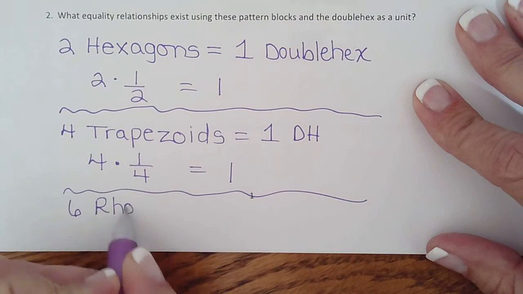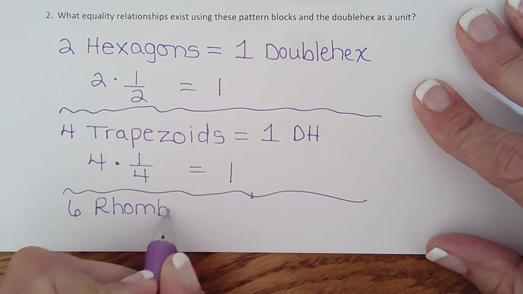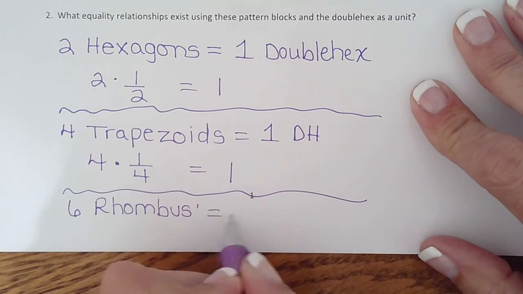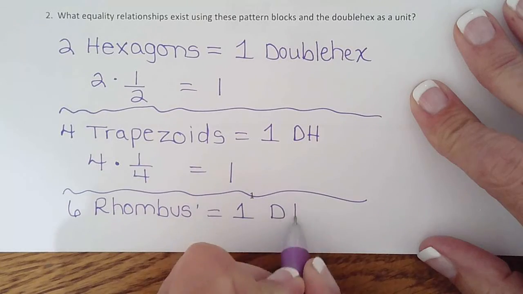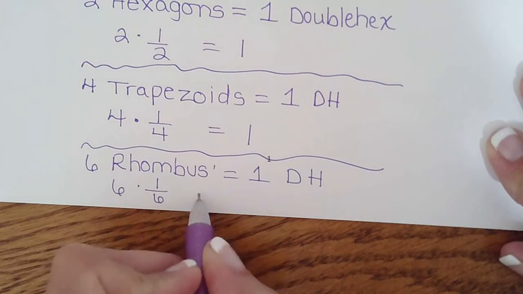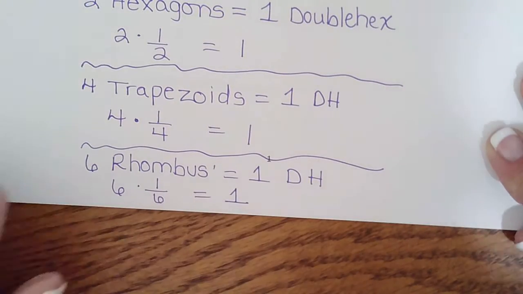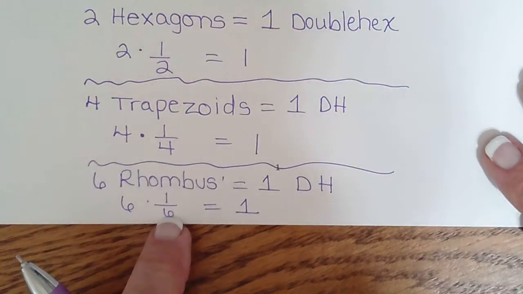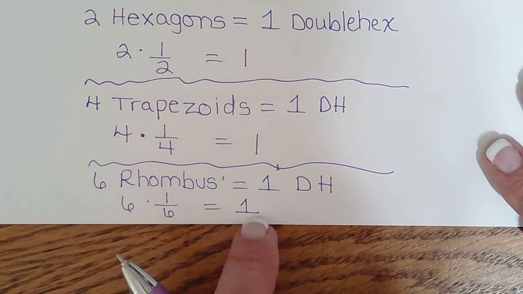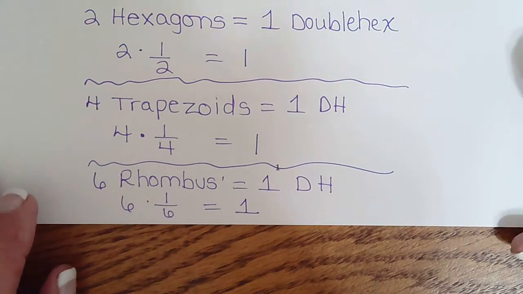I don't know if it's rhombi or rhombuses. I'll just do this. 6 rhombuses equal 1 double hex. And a rhombus, as we said, is 1/6. So this relationship would be 6 times 1/6 equals 1. And that makes sense because there's 6 copies of 1/6 would make a whole.